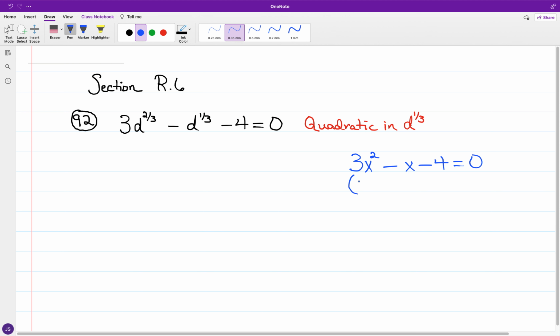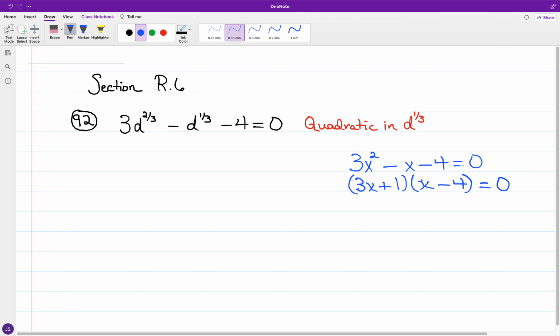You could do factoring by grouping or using trial and error. For 3x squared, this will go to x and x, and the factors can be discovered upon factoring by grouping, or just guessing the right combinations for the binomials. And your combination would be 3x plus 1 and x minus 4.